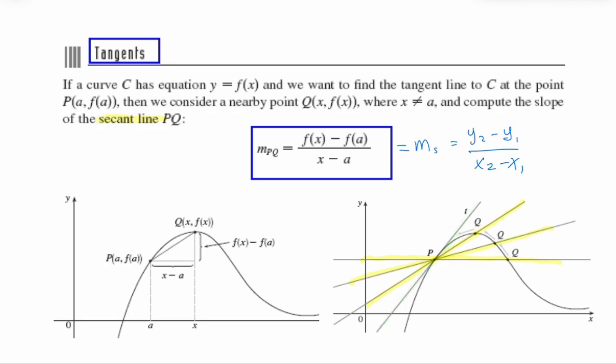The other ones are actual secant lines because we've just picked a random P and Q, and what's happening as we get closer and closer to P, we will get closer and closer to making a tangent line instead of a secant line. But I need you to know the difference, and this is an average rate of change between 2 points. So it's really important that you know the language, average rate of change.